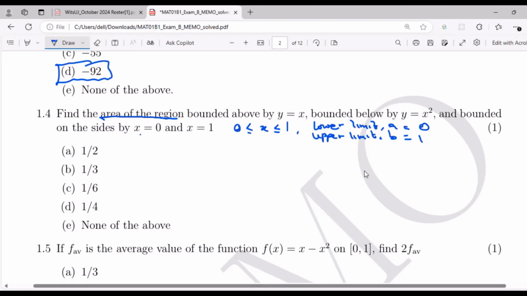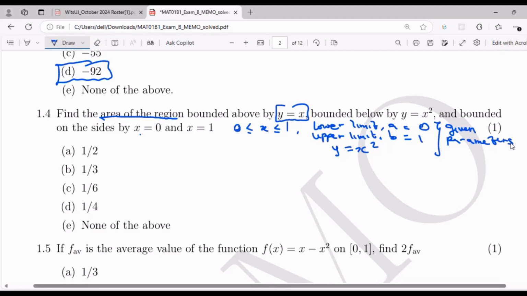They also gave us y equals x squared, and we are looking for when y equals x. So these are our given parameters.